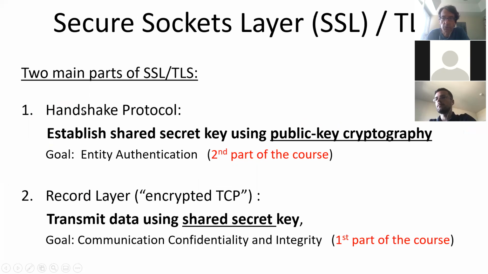And it has two parts: a handshake protocol, which is a key agreement, a key exchange. So two parties, Alice and Bob, who don't have long-term keys in common, and therefore don't have any key material that they can use to encrypt and authenticate messages, first of all have to establish that. That is called key exchange.